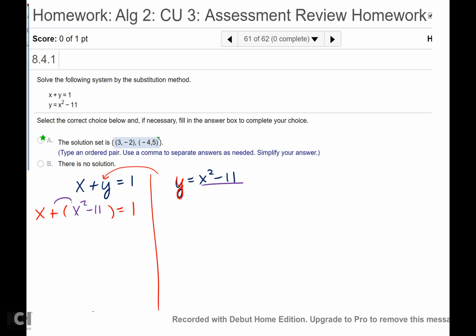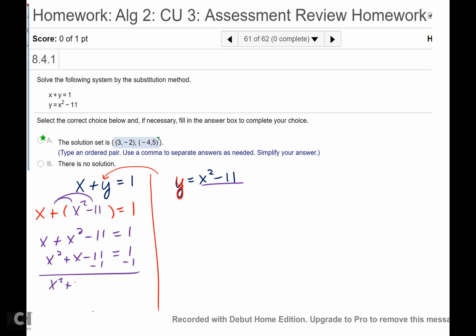So if I distribute, I get x plus x squared minus 11 equals 1. Put it in the right order, I have x squared plus x minus 11 equals 1. If I solve this, I've got to get 0 on one side, so I'm going to minus 1 minus 1.